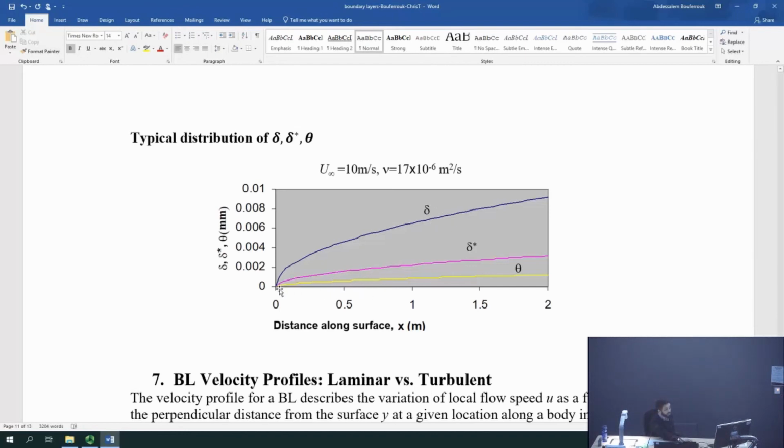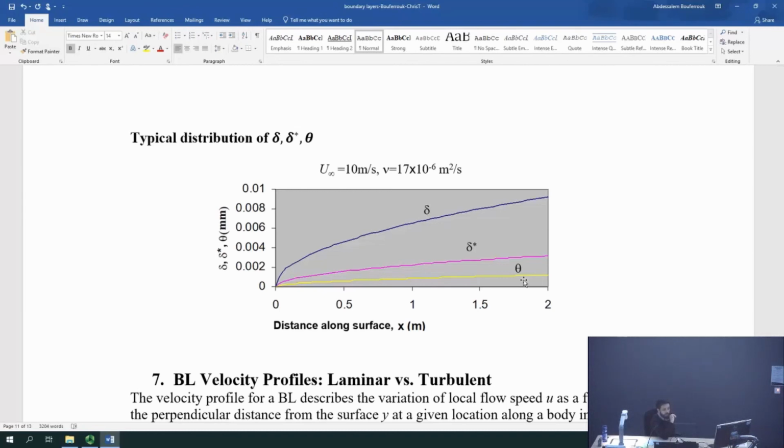Now, delta star and theta follow the same trend. As delta becomes bigger, delta star and theta become bigger. But you can see very clearly their relative size. Delta is the biggest one, followed by delta star, and followed by theta. So it's quite useful to remember those things in practical terms.